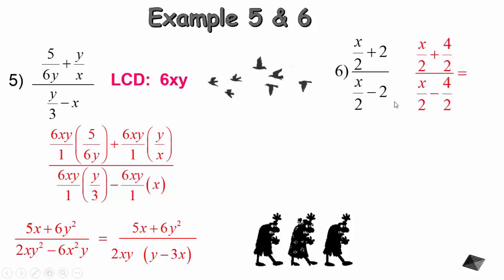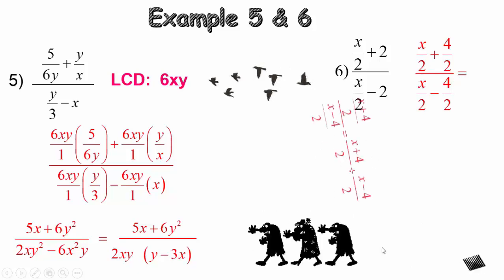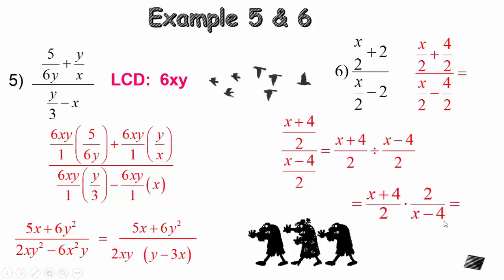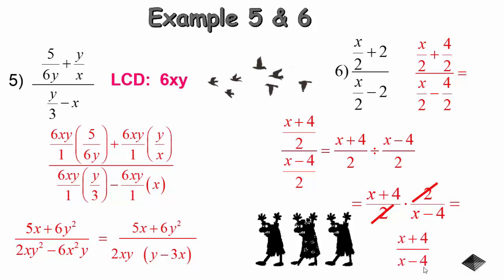Now I have 2 in the bottom, 2 in the bottom here, so it's nice to combine those. So I combine them, and then I turn them both into a regular division problem, and then into a multiplication problem. I see my 2's cancel out, and I get my final answer, x plus 4, x minus 4.